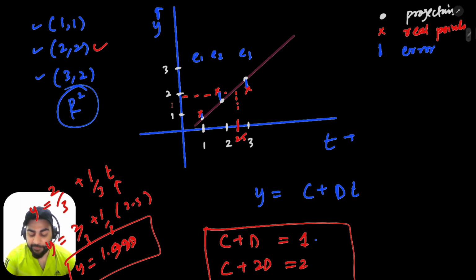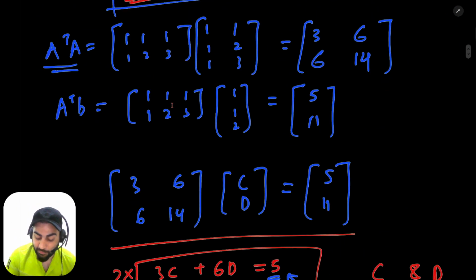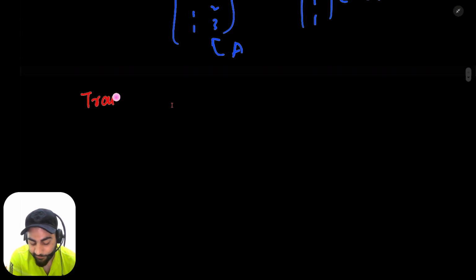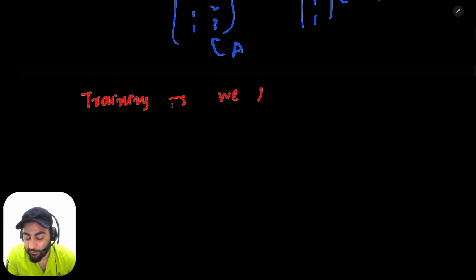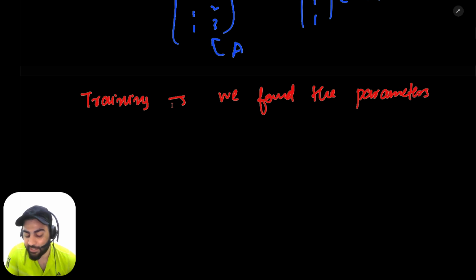The first 3 points on which we tried to find this line, that was called the training phase. Now you understand this. In the training, we tried to find the parameters. We found the parameters, which are called trainable parameters, or learning parameters. So what are our parameters? In our case, it was c comma d.